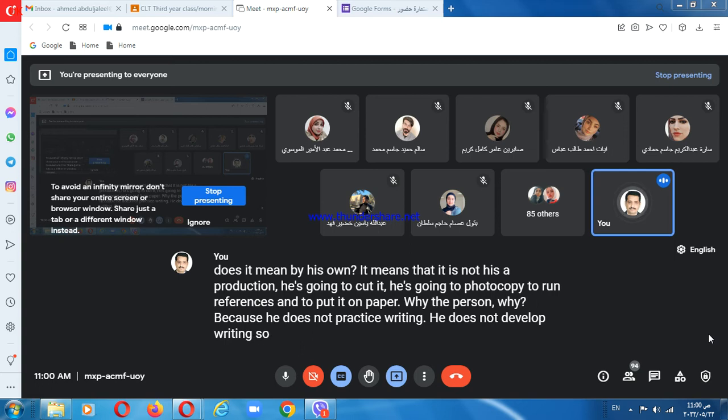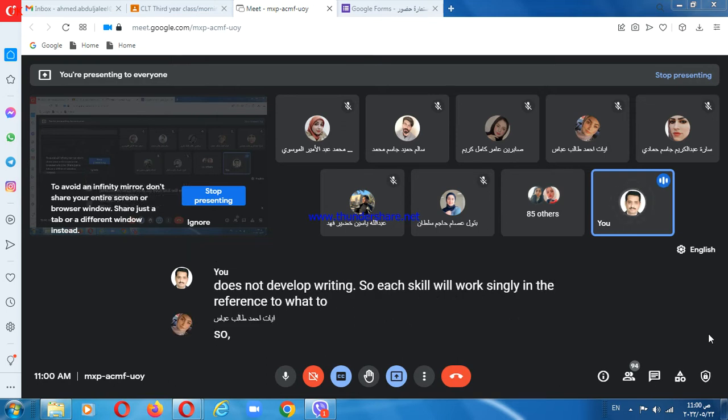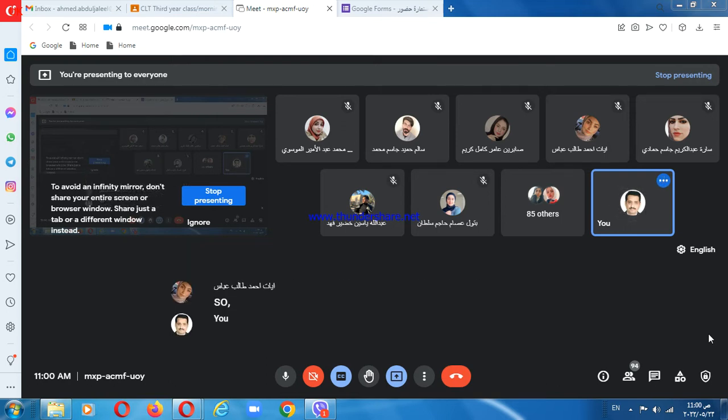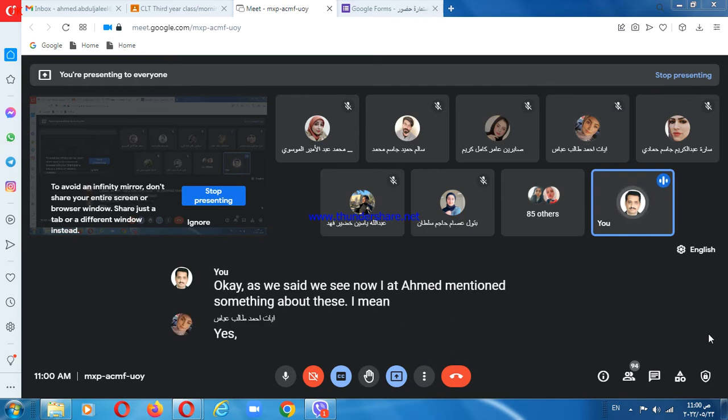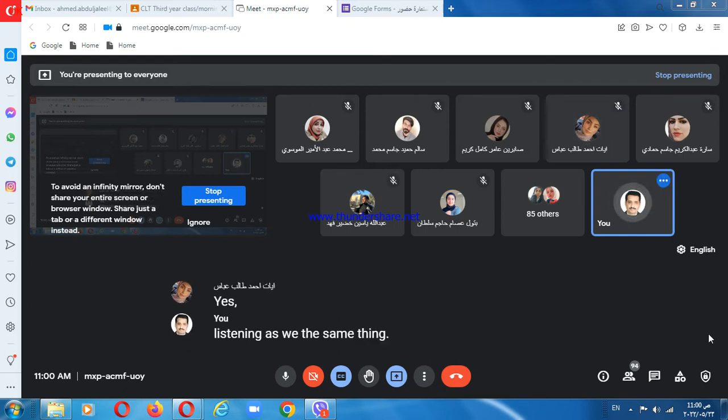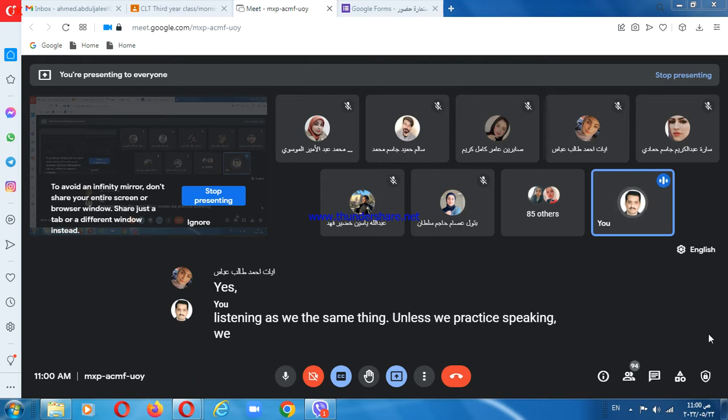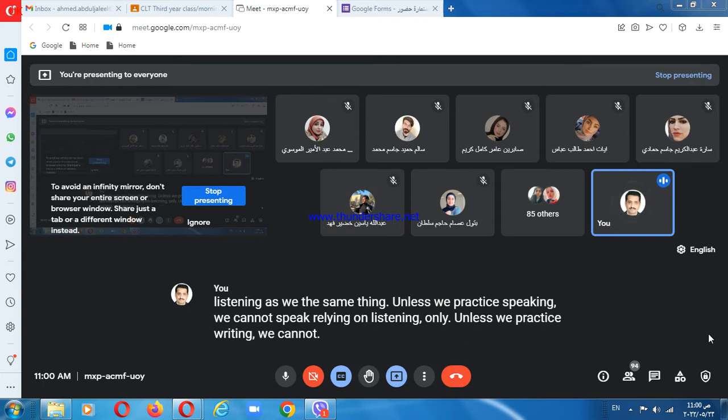So each skill will work singly with reference to training, with reference to practice. As we said, Ayat Ahmed mentioned something about these notions related to listening and speaking, the same thing. Unless we practice speaking, we cannot speak relying on listening only. Unless we practice writing, we cannot be good writers depending on reading only.